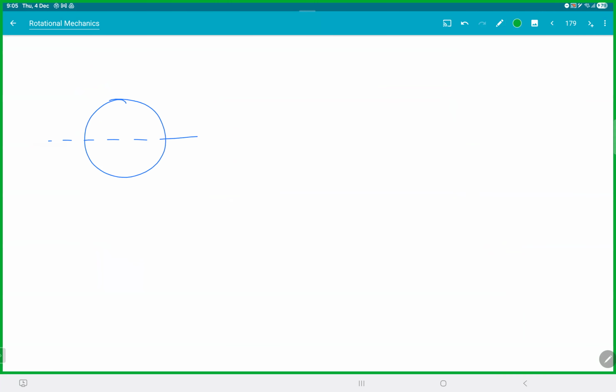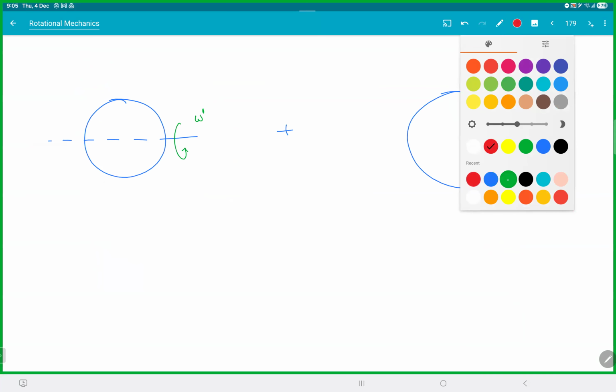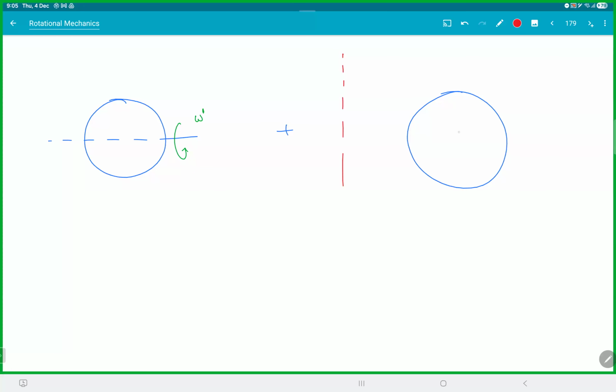One, your self rotation, omega dash, plus you can treat the sphere like just a solid bob, and it is rotating about this axis with omega. This will be, moment of inertia for a solid sphere is 2 by 5 m r square, small r square, omega dash square, plus what about this one?